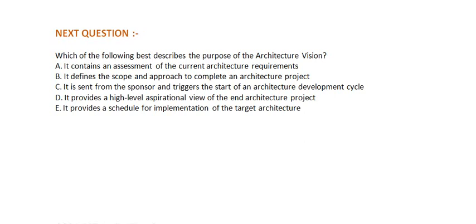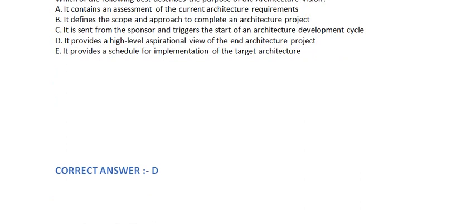Option D, it provides a high-level aspirational view of the end architecture project. And option E, it provides a schedule for implementation of the target architecture. The correct answer is option D.